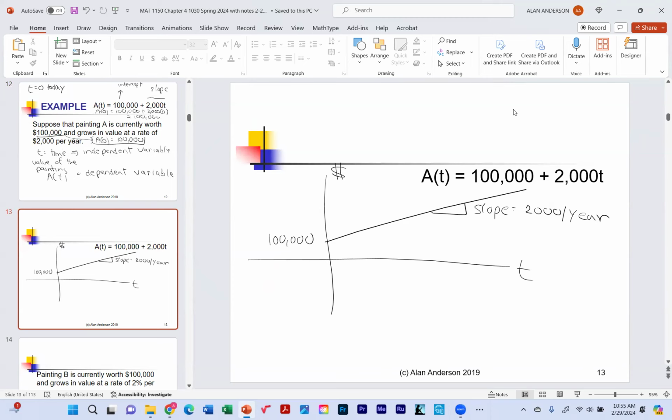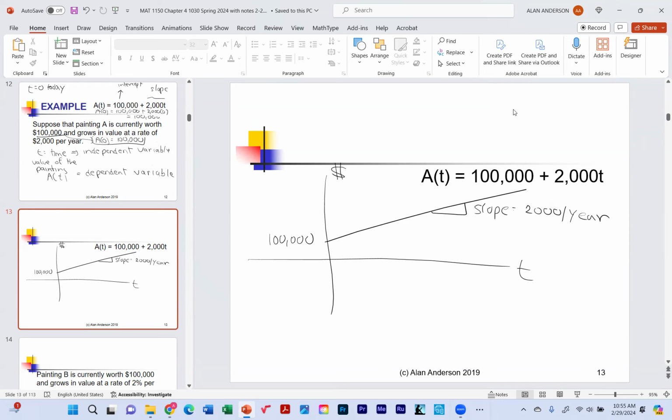Now we have another painting in our collection, painting B. Interestingly enough, painting B is also currently worth $100,000, but instead of growing at a rate of $2,000 per year, it grows at a rate of 2% per year.